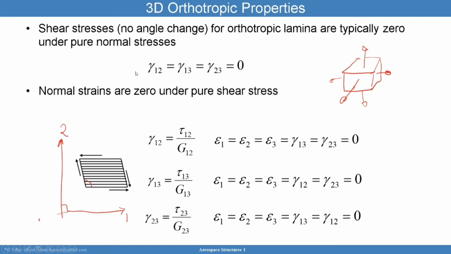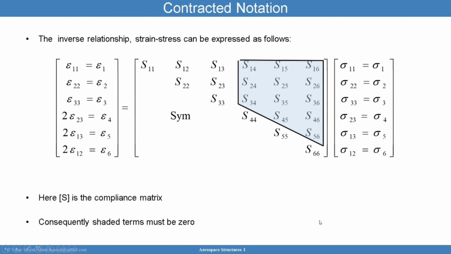Now, because of these assumptions I've made, and they're quite significant, things decouple quite a bit. So you can see here we set all this to 0. Everything in shade has been set to 0. In fact, all of this here, because of symmetry, is also 0. So all of this here is 0 as well.